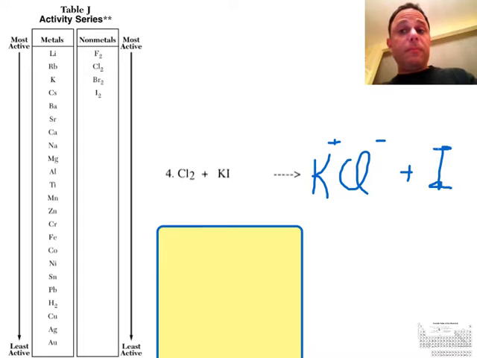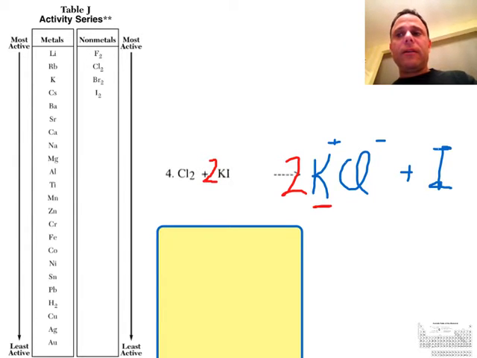Now let's see if this balances. We have 1 potassium on the right, 1 on the left, 1 chlorine on the right, 2 on the left, 1 iodine on the right, 1 on the left. Now how would we balance this? Well, I definitely need to double up on my chlorines, but that increased my number of potassiums at the same time, so I am going to need to increase that.